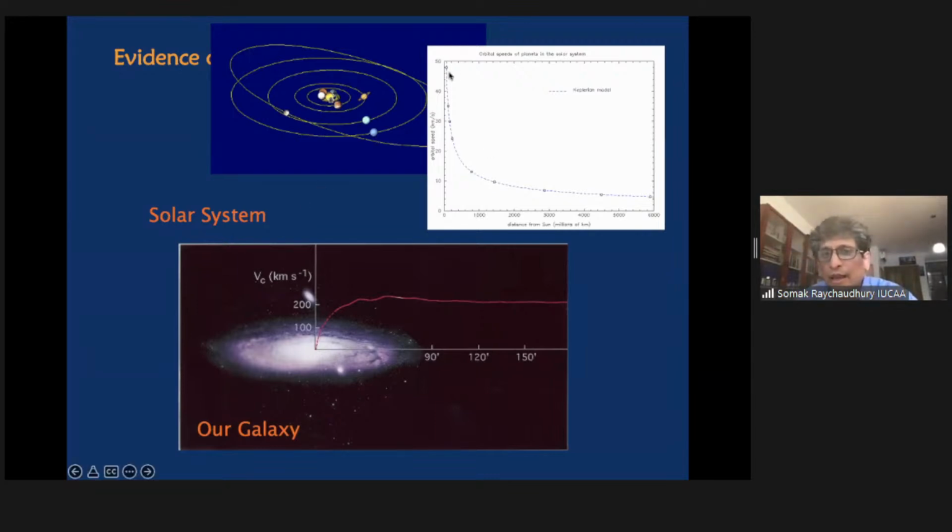From Kepler's laws, in the solar system all the mass is in the center, and the planets are going around, and they're much smaller, so they're test particles. Their speeds will be such that v squared is proportional to 1 over r. So v would be proportional to 1 over the square root of r, and this is what you see here, right?